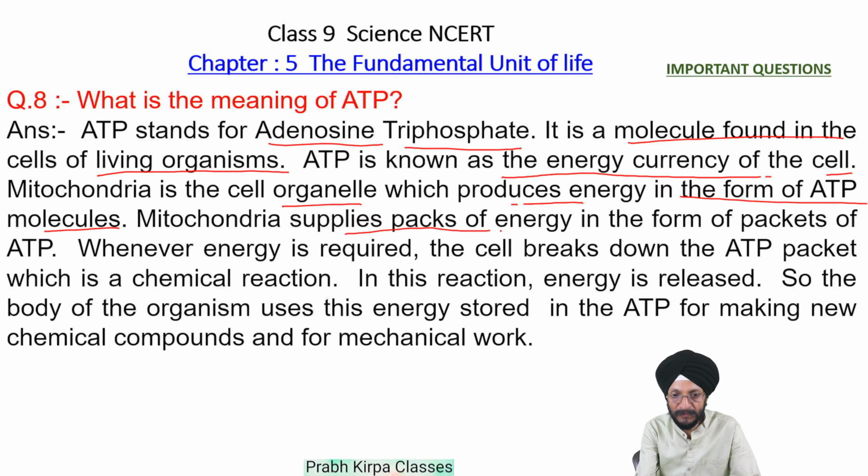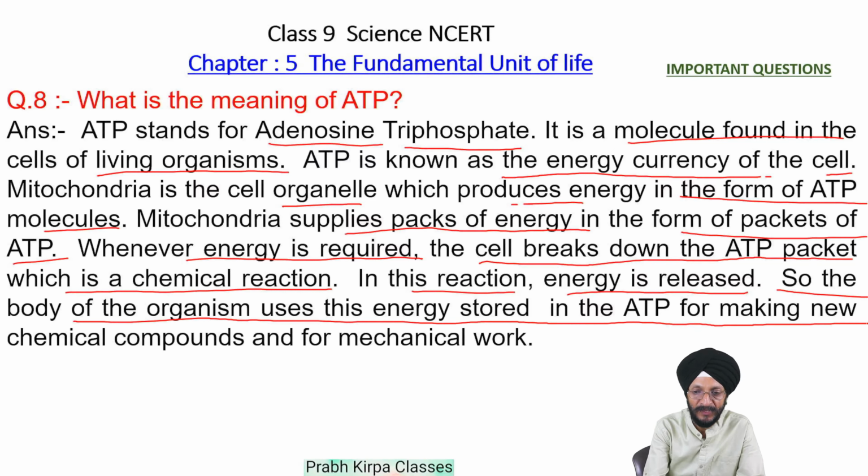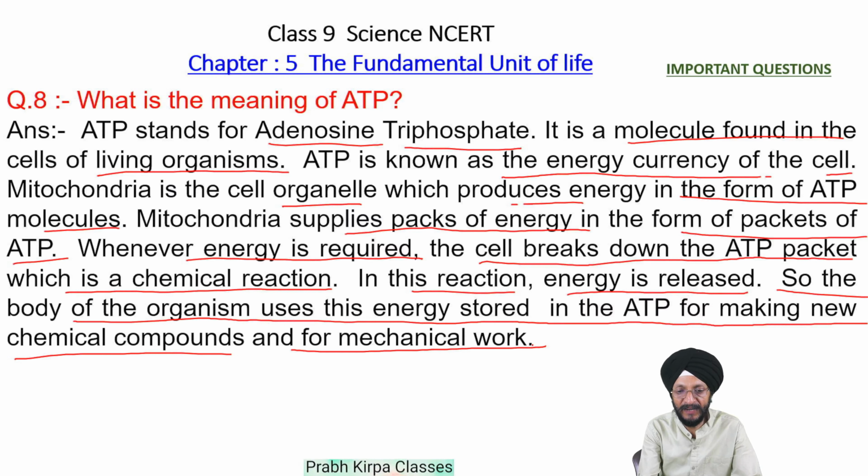Mitochondria supplies packs of energy in the form of packets of ATP. Whenever energy is required, the cell breaks down the ATP packet, which is a chemical reaction. In this reaction, energy is released. So the body of the organism uses this energy stored in the ATP for making new chemical compounds and for doing mechanical work.